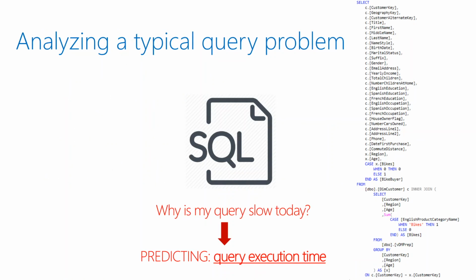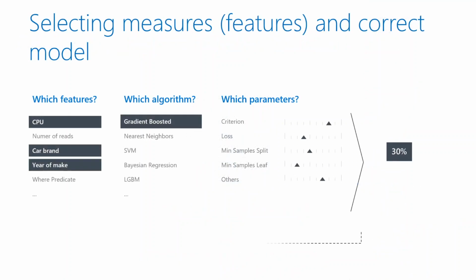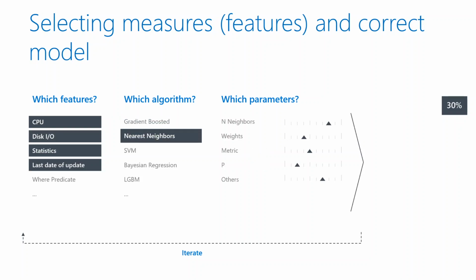So what would be the usual case? Imagine trying to analyze my query problem. On the right-hand side, you can see the query problem. I'm asking myself, is my query slow today? So I will be predicting query execution time. How can I do that?